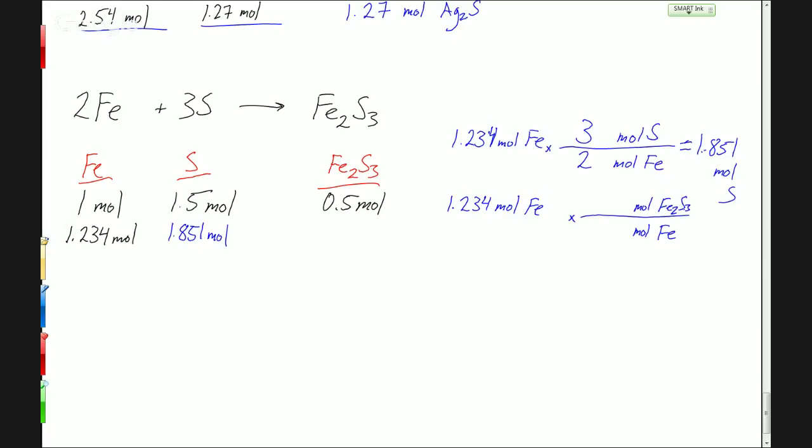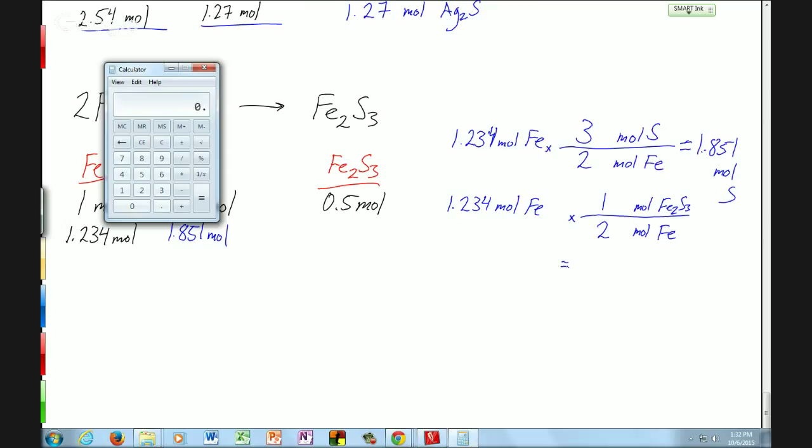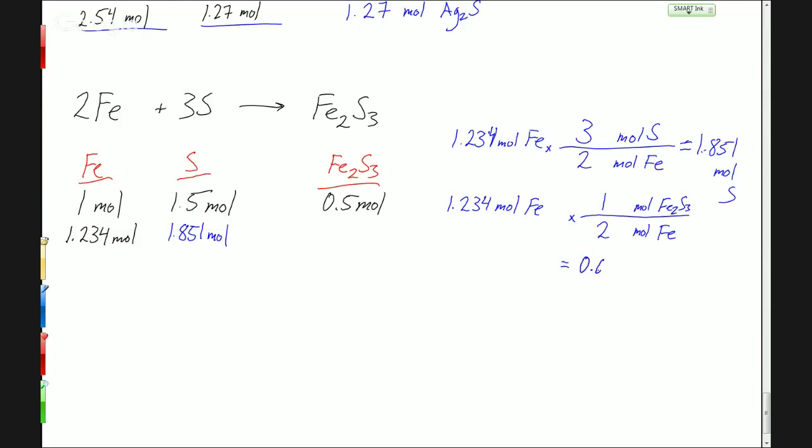That's going to, again, from the equation, tell us we have 2 of these for every 1 of these. All right. Do you see how that works?